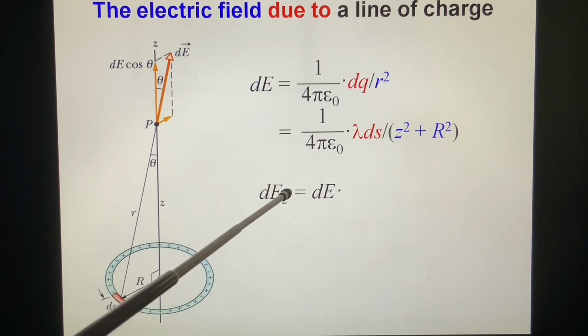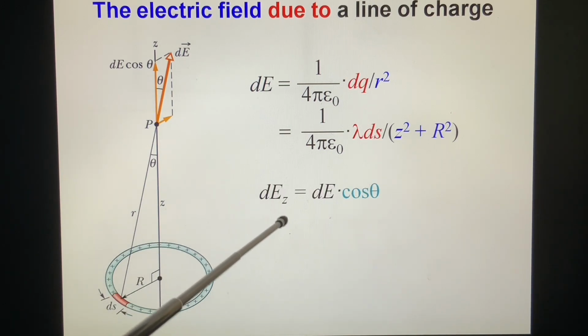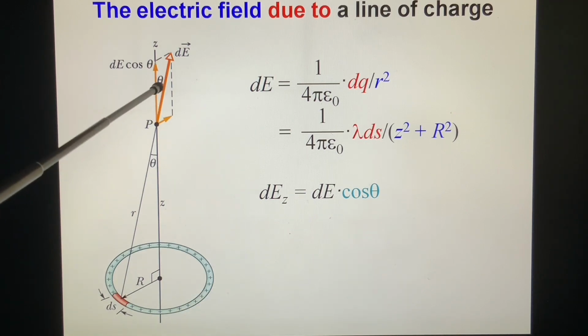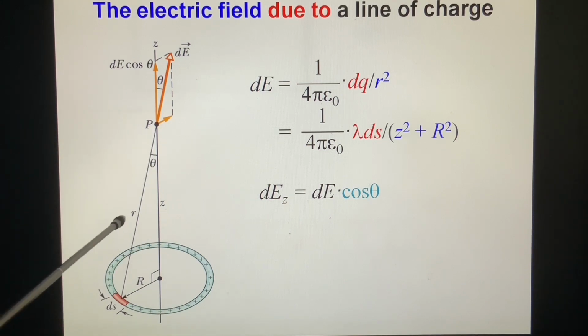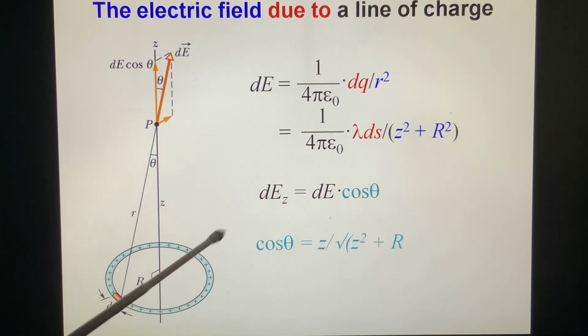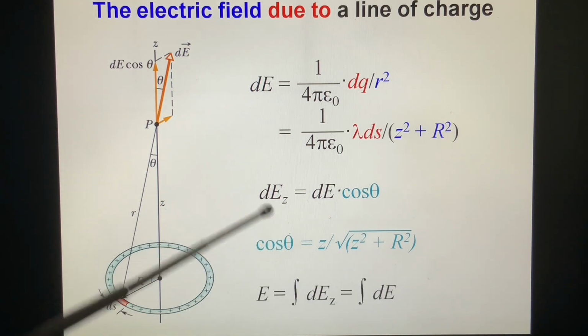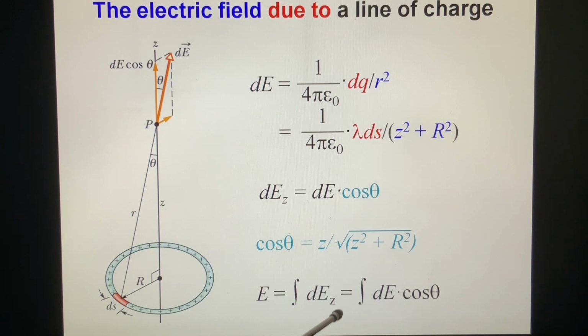So the dEz that makes the contribution equals dE cosine theta. And the cosine theta in this triangle equals z over r, and r equals the square root of z squared plus big R squared. Then finally E equals the integration of dEz, where dEz equals dE cosine theta.